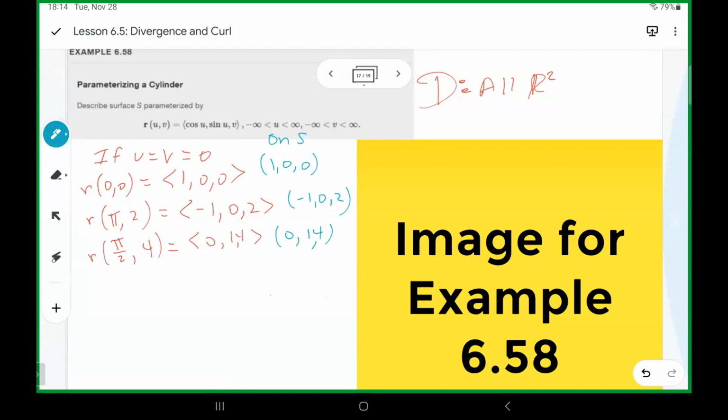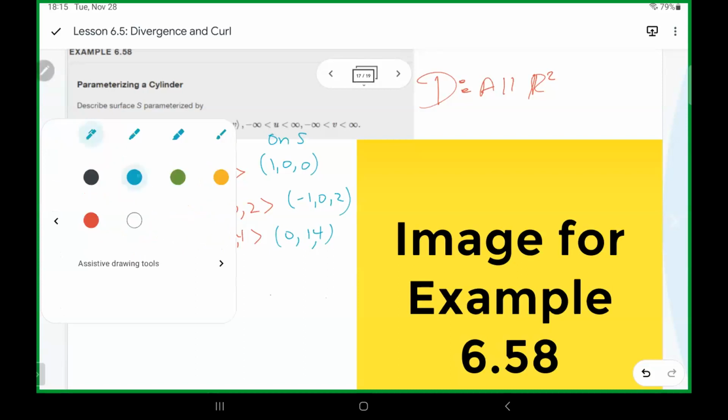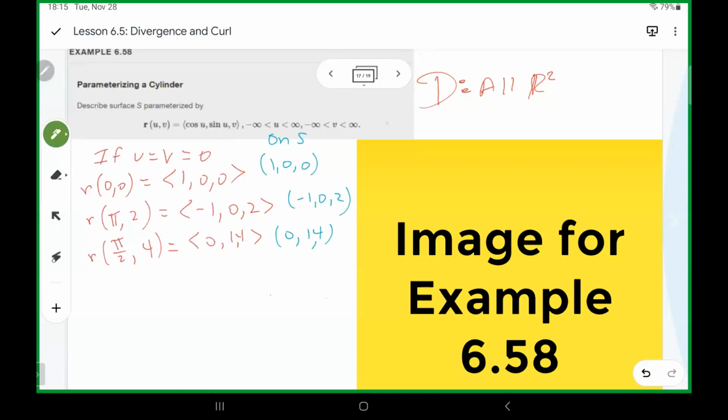Since it is time consuming to plot dozens or hundreds of points, we use another strategy. To visualize S, we visualize two families of curves that lie on S. In the first family of curves, we would hold u constant, and in the second family, we would hold v constant. So if you need a little note for your families, I'm not talking about like a Merry Christmas card.